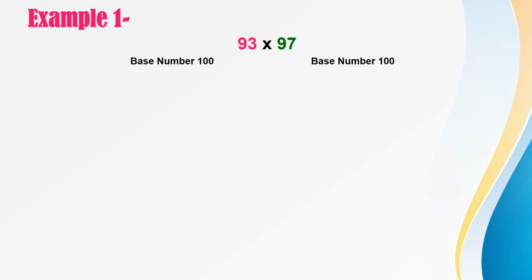Let me illustrate this with an example. Consider the problem 93 into 97. First, let's take the base number as 100 and do 100 minus 93 and 100 minus 97.